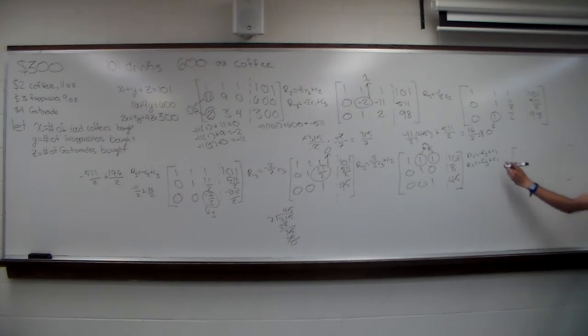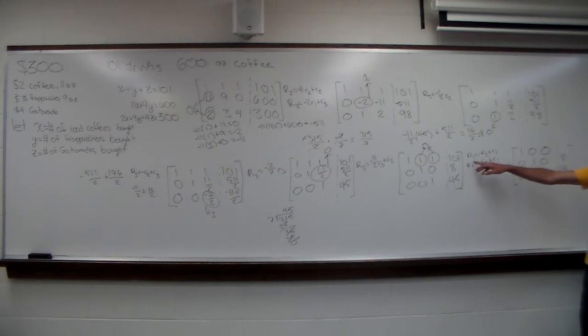All right, so let's copy it down first, because those two rows will stay the same. We see that if we do the first one, row 1 equal negative row 2 plus row 1, we have 1 and 0. And then using this 1 and negative row 3 plus row 1, we get this to be a 0. And then we're going to do 101 plus negative 8 plus negative 45, which will give us 48.